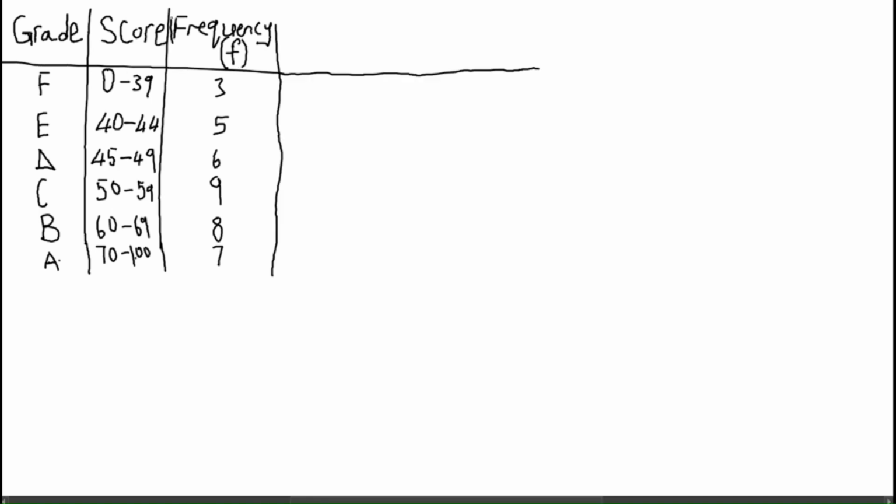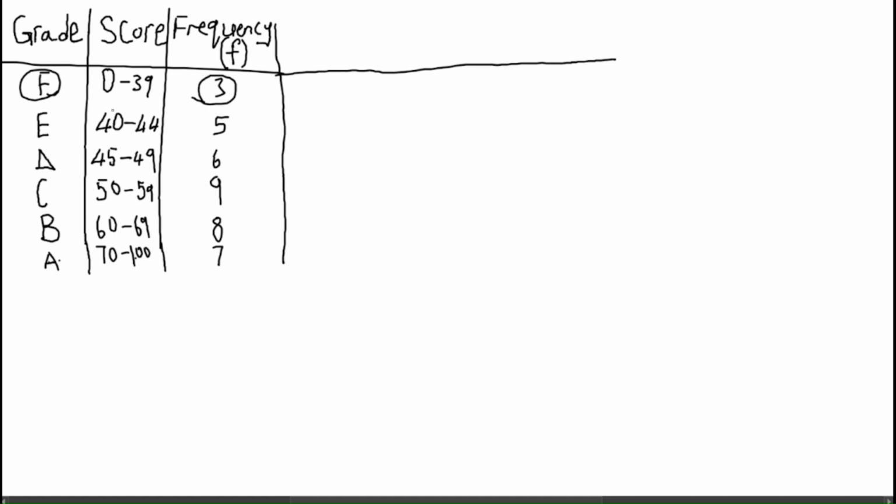The third column contains the frequency. So this tells us the number of students who scored in this range. For instance, there are 3 students who got an F in the exam. That is, these 3 students score within the range of 0 to 39. We don't know their exact score, but because they had an F, their score is either 39 or lower than 39.